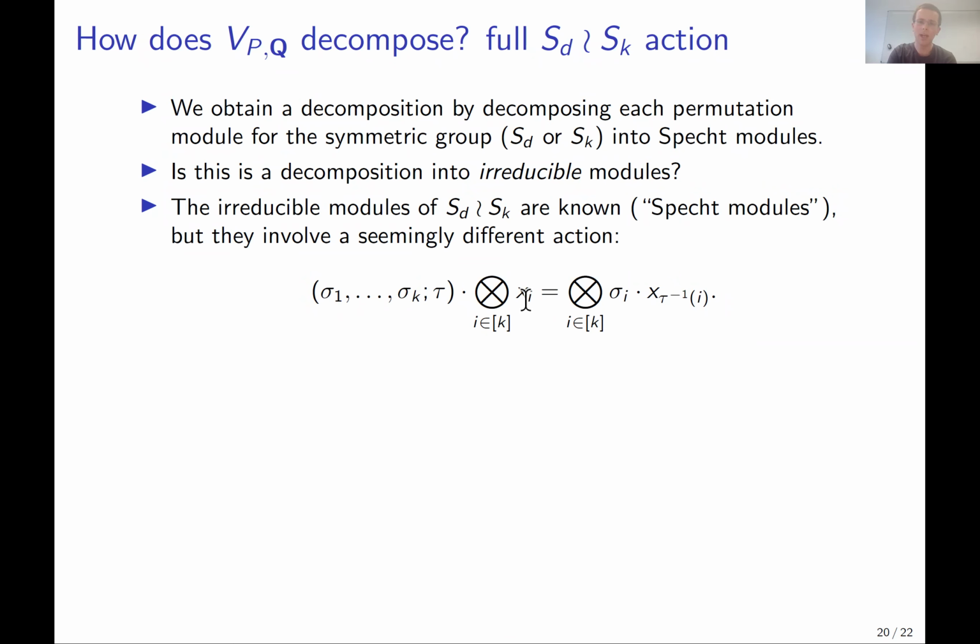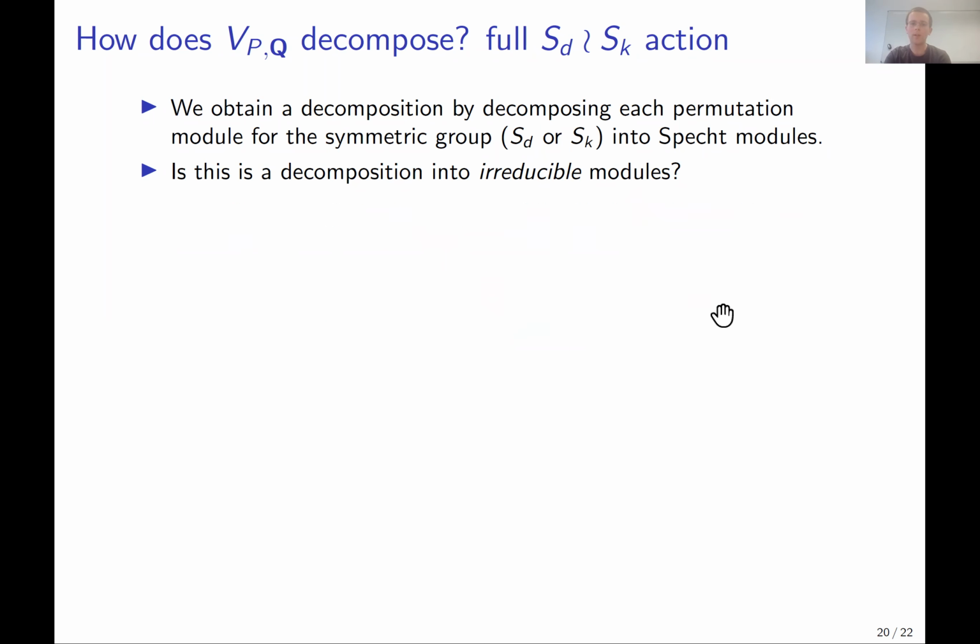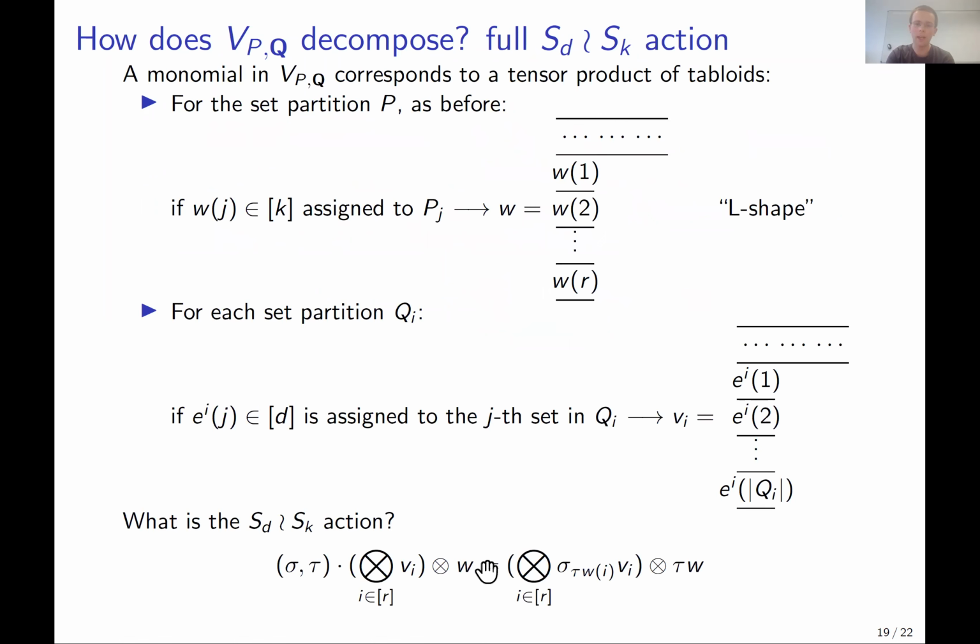So that's what I want to highlight. The action of a group element on this tensor product, you would actually permute, let's say, the legs of this tensor. Right? So you would permute the x_i's, and then you would just apply sigma_i. Okay, so this is very different from what we had on the previous slide, where you do not permute the v_i's, so you keep them in the same order, but you permute, let's say, the sigmas. Okay, and the reason that we're able to do this is this L shape.